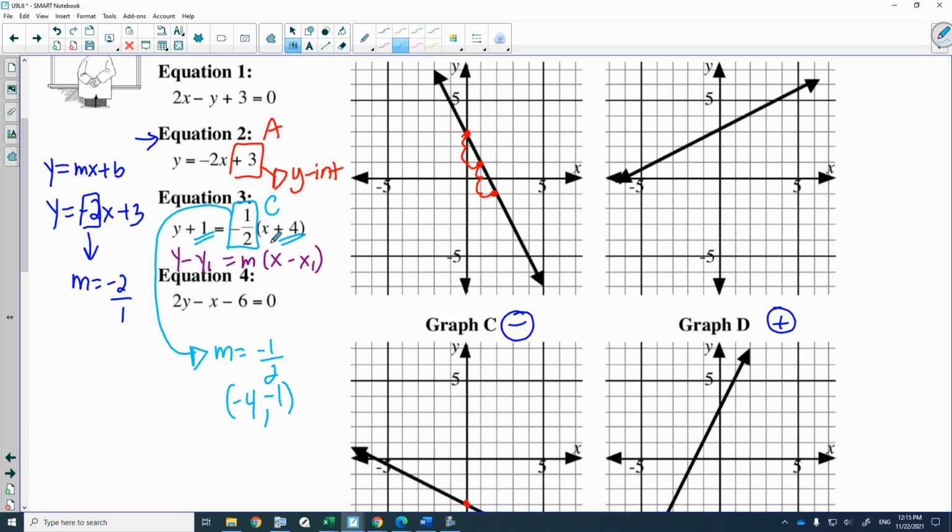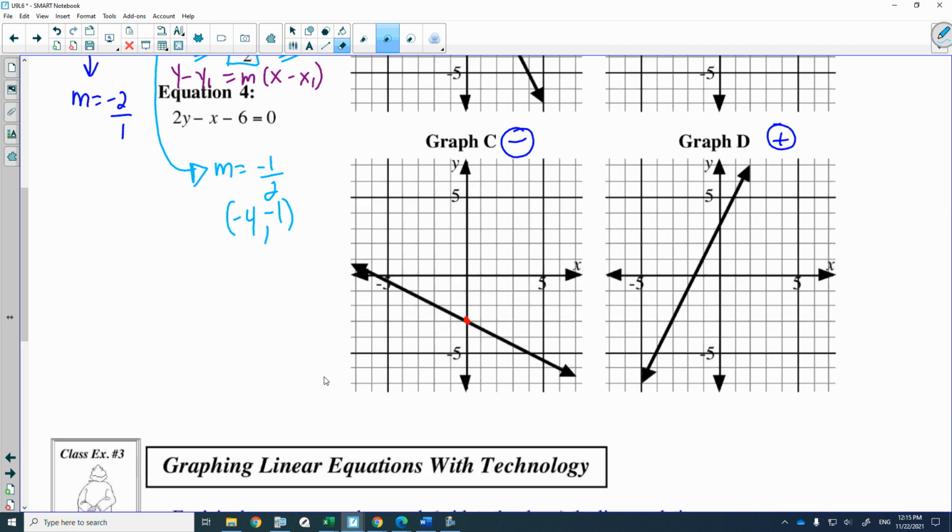So you guys, watch this. If I wasn't sure, I'd be going to every single graph and I'd be finding that point, negative 4, negative 1. Here's where it would be on graph A. It's not on the line, right? Here's where that point would be on graph B. It's not on the line.